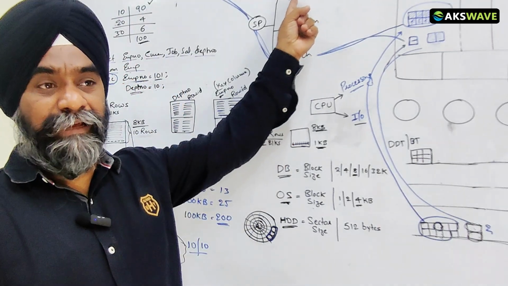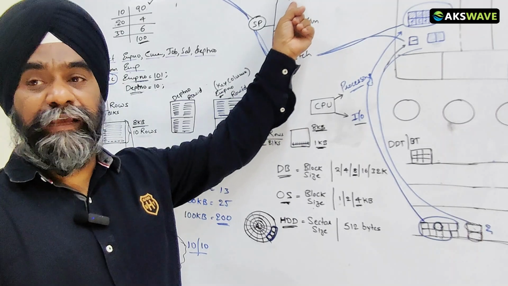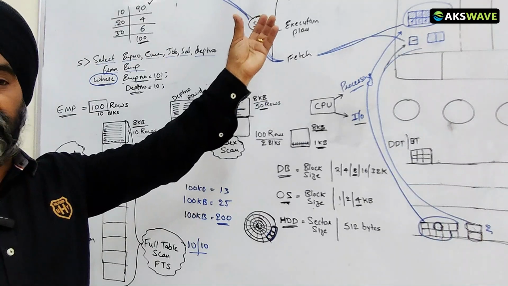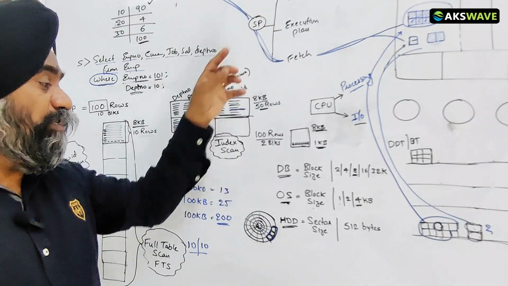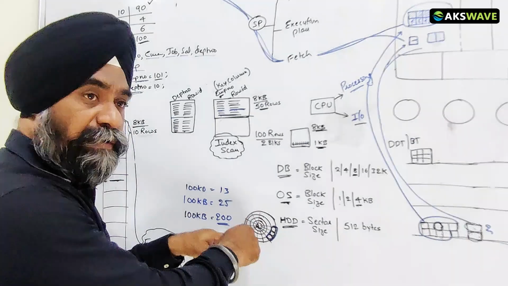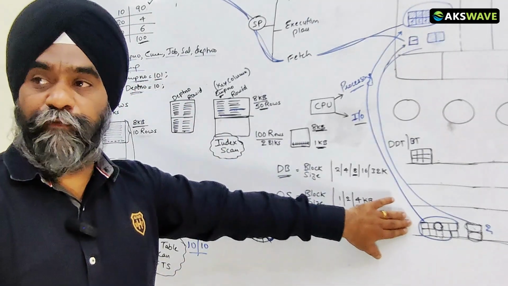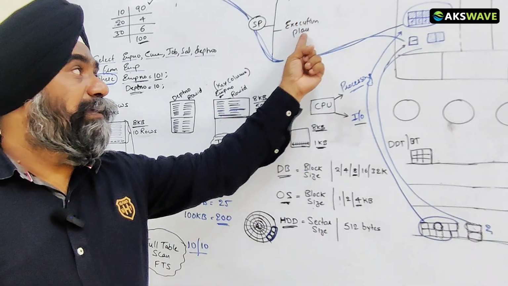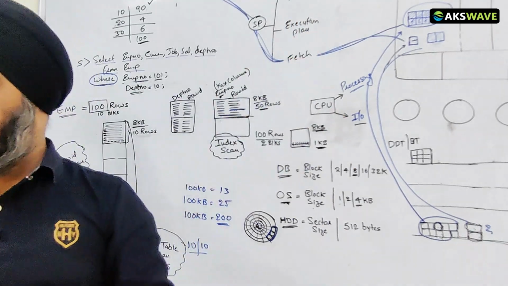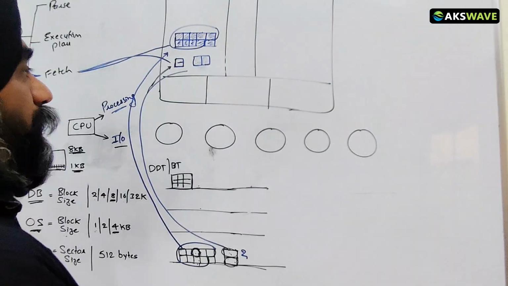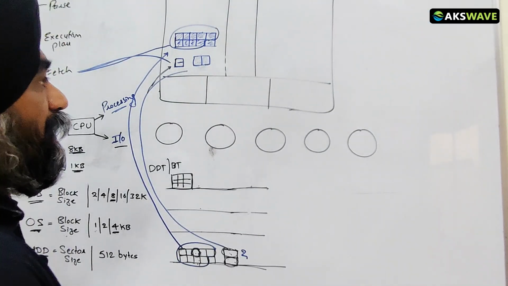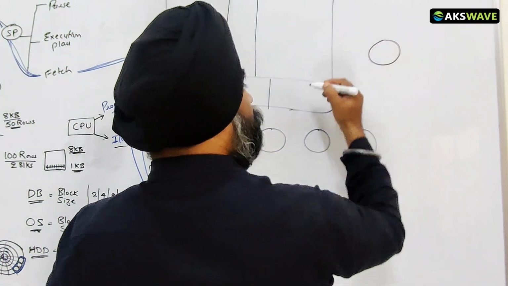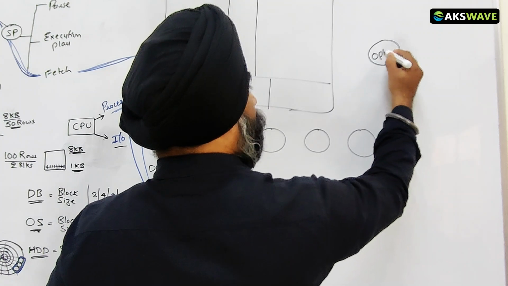After parsing, once the statement is validated, the server process's job is to bring the data from the hard disk, from your file. How does it have to bring the data? That is called the execution plan. Okay, so in the database, we have one brain or engine called the optimizer.